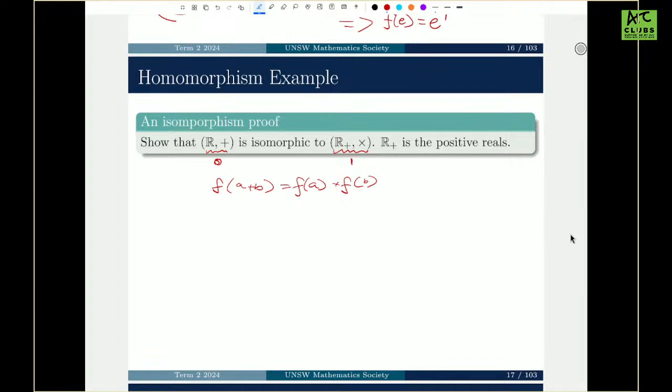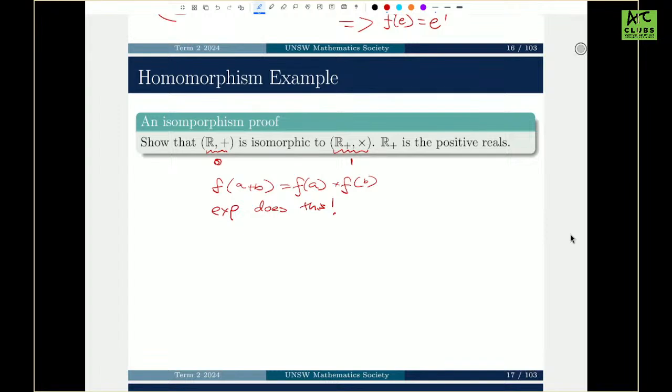If you have a bit of a think about well-known functions that you know, and think what satisfies this, you might end up realizing that, oh, we can just have the exponential function, and since the exponential function is defined for all real numbers, we immediately get that the exponential is a homomorphism.